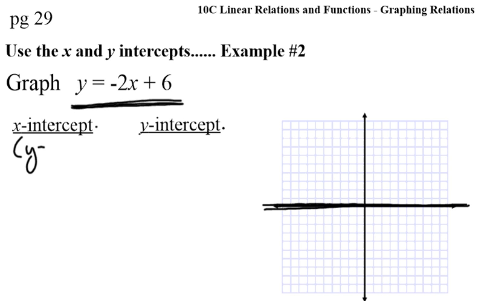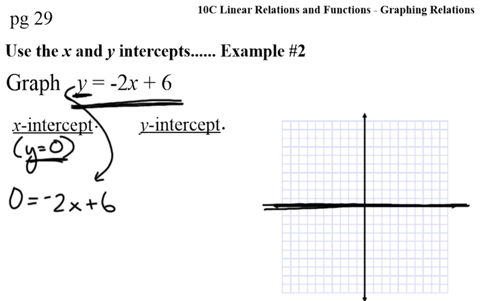We know our y is 0. We haven't moved up or down if we're on the x-axis. So that means I can take my equation and y has to be 0. So my y is 0 for negative 2x plus 6. And now I can solve for x.